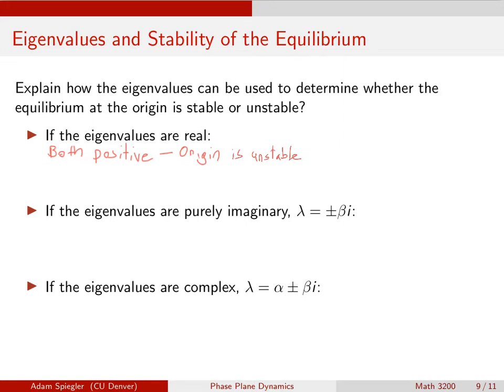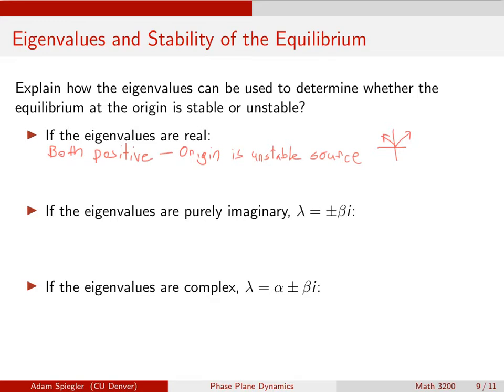Okay, and in fact, we would say that this is an unstable source. Meaning what is it going to look like? It's going to have things that are moving out from it. So everything is flowing out from it, and so we would call that a source.